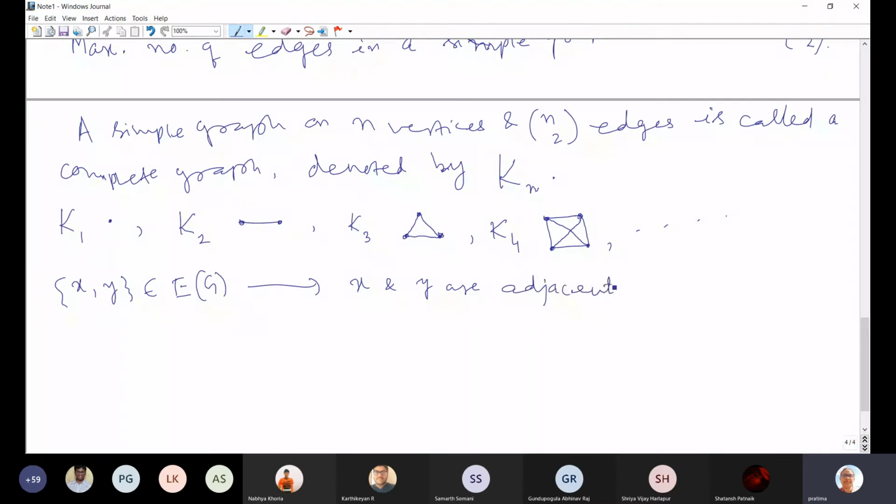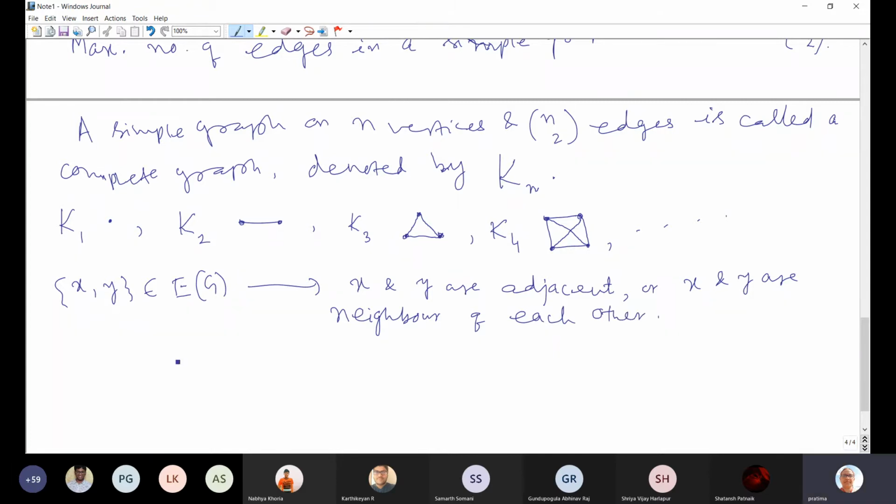We say that x and y are adjacent, or x and y are also called neighbors of each other. This terminology we also use.